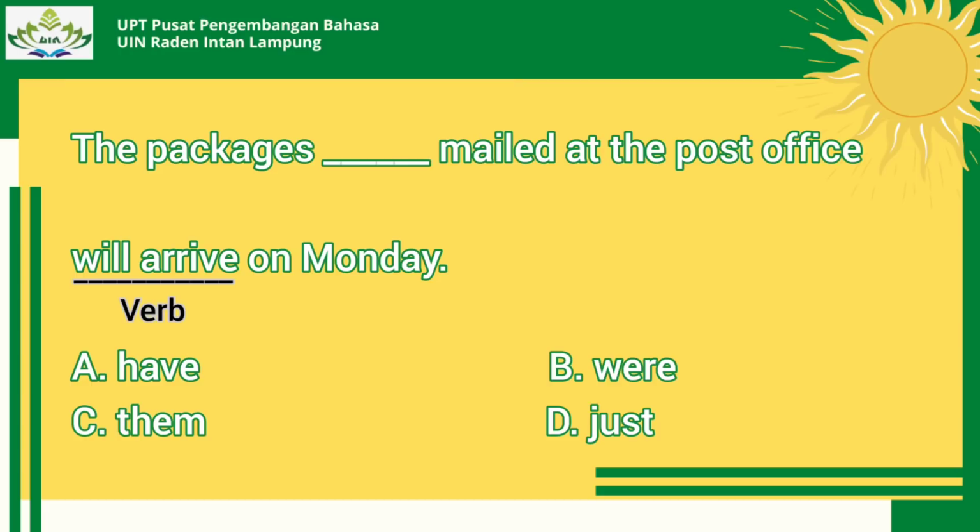You will then recognize that mailed is a participial adjective and is therefore not part of the verb. Answers A and B are incorrect because mailed is an adjective and doesn't need a helping verb such as have or were. Answer C is incorrect because there is no need for the object them. Answer D is the best answer to this question.